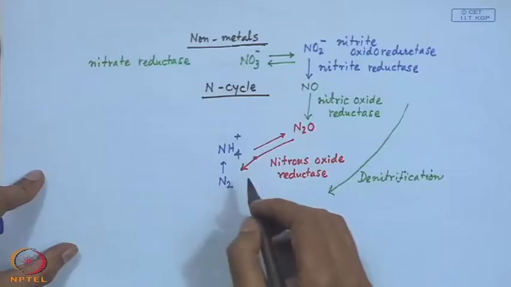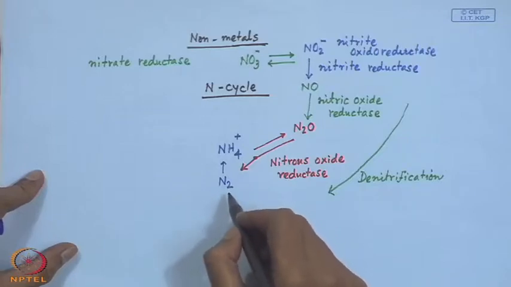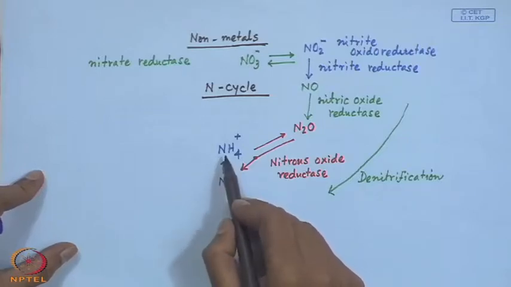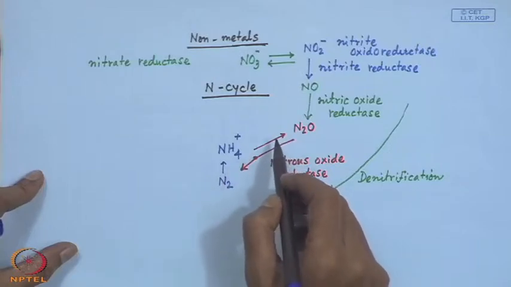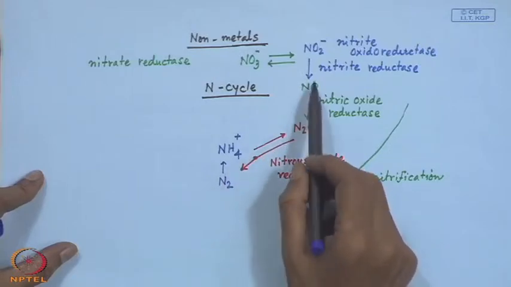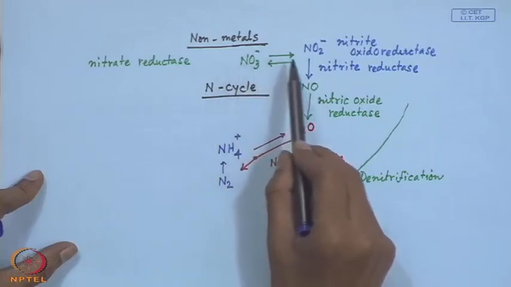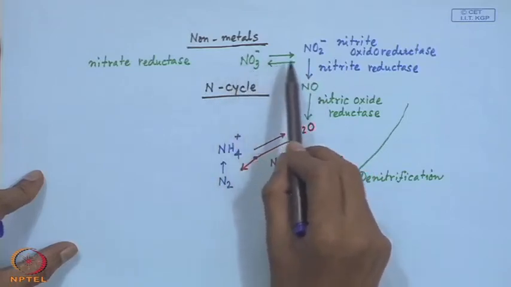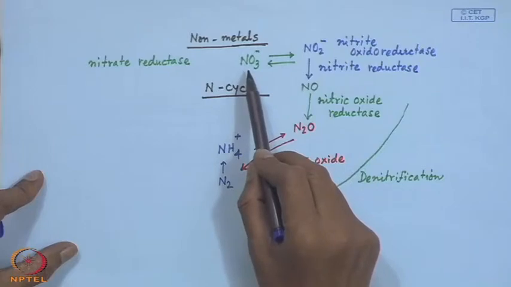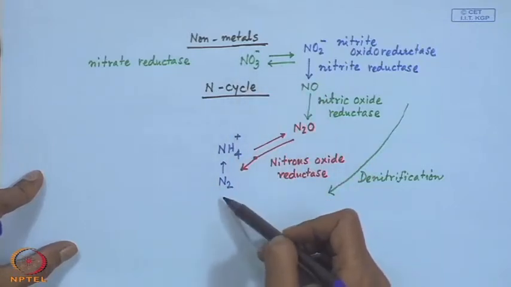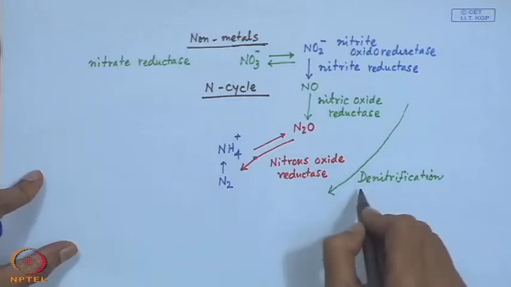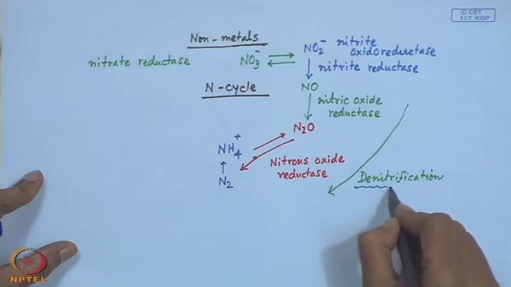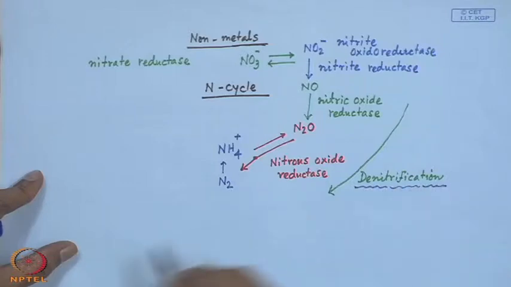So, whatever we have been talking about during the fixation of N2 to ammonia and ammonium ion and their interconversion, that means their conversion to N2O, NO, NO2, NO3, and when we are getting back, that means we are coming down from nitrogen in the pentavalent state in nitrate ion to dinitrogen gas, which is in the zero oxidation state. We consider that this is a very important step of all these nitrogen cycles.